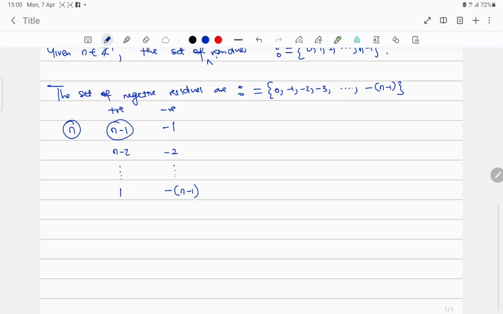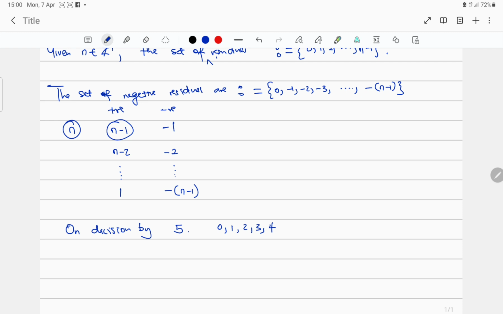Let's consider a particular example. On division by 5, the positive remainders are 0, 1, 2, 3, and 4.